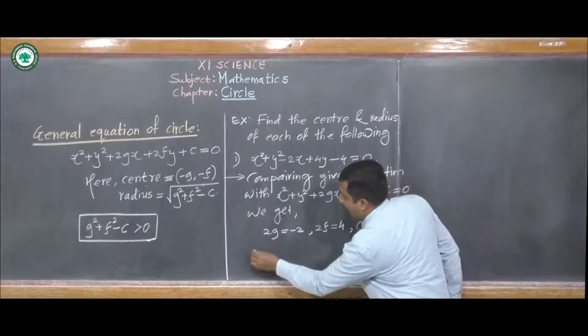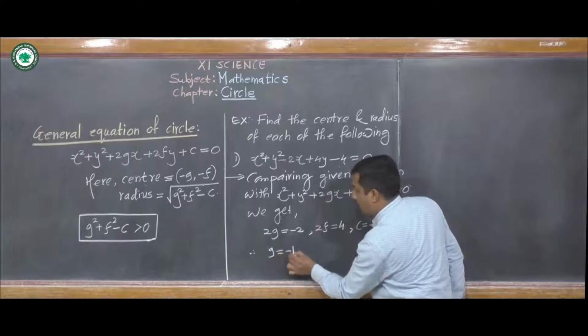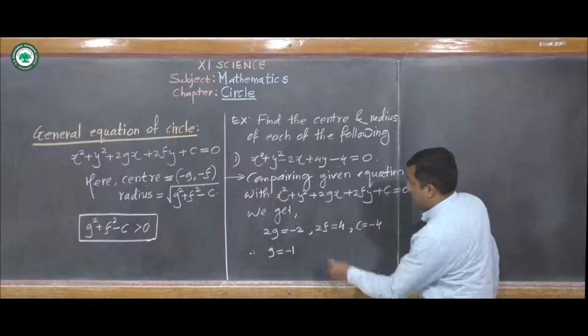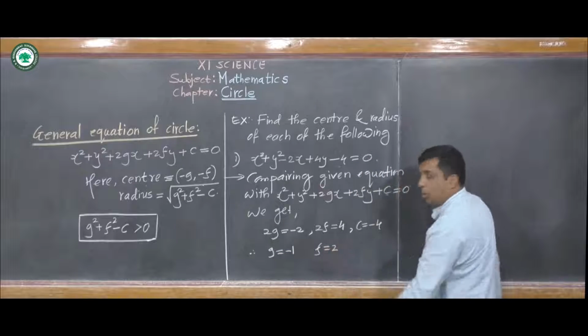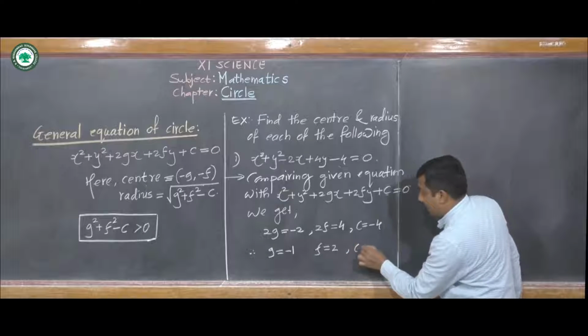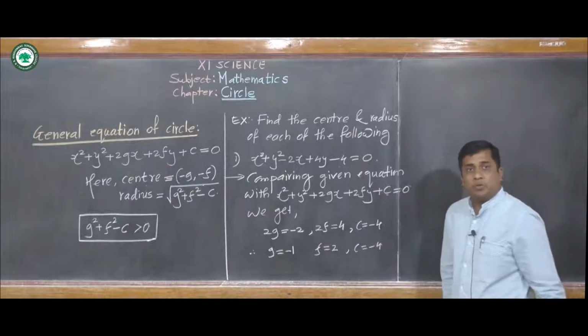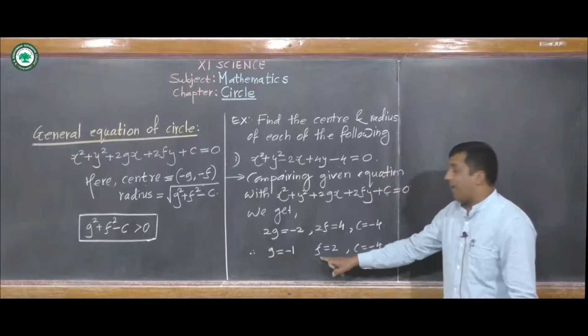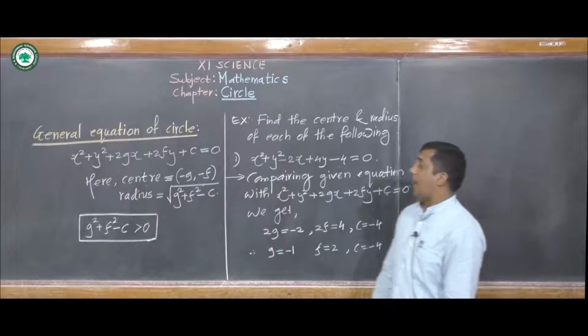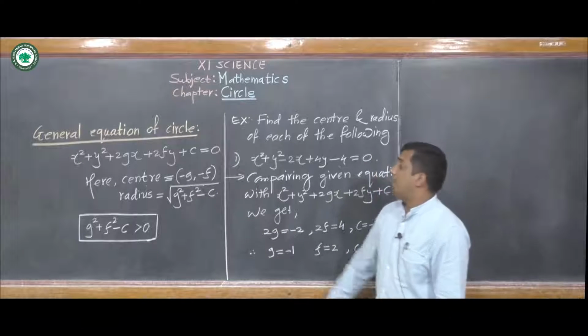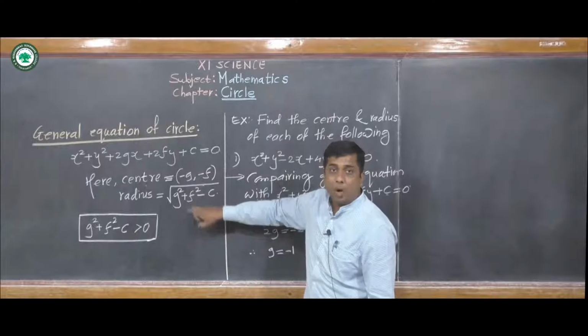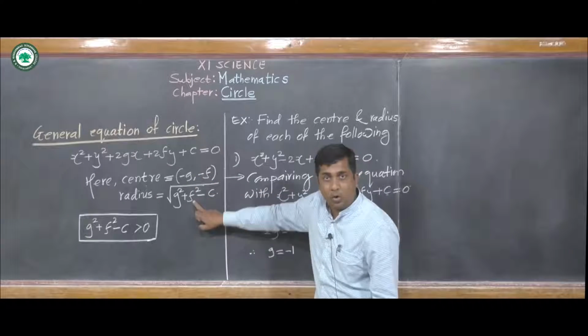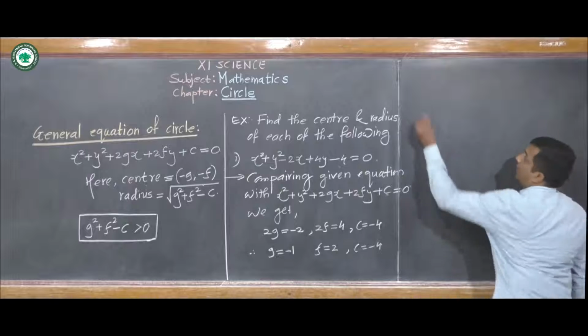So this implies g is equal to minus 1, then f is equal to 2, and c is minus 4. By using g, f and c, we have to find the center and radius using the same formula. We go with the center first.